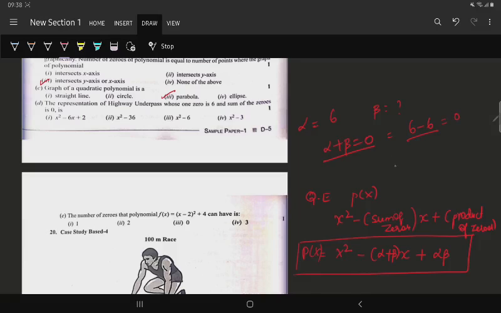Therefore, if I form an equation, the product of zeros is minus 36, and the sum of zeros is 0. So x square minus 0x plus minus 36. I get x square minus 36 equal to 0. So this is my polynomial, or p of x equals x square minus 36. So the answer is the second one.